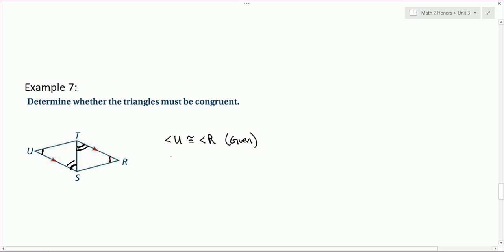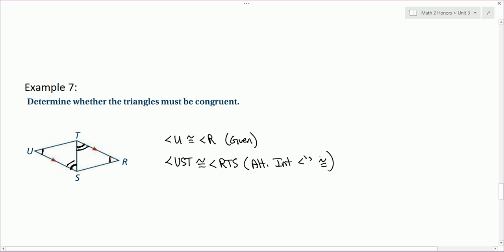And then we just found that angle UST is congruent to angle RTS by alternate interior angles are congruent.